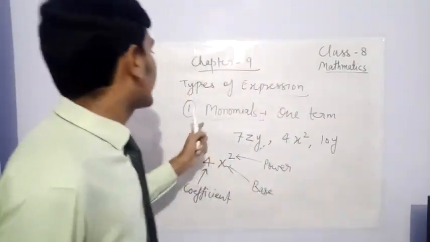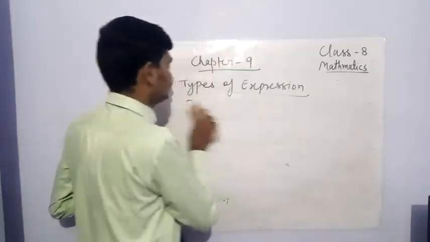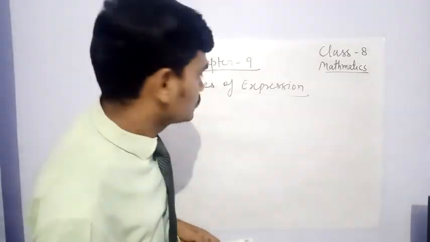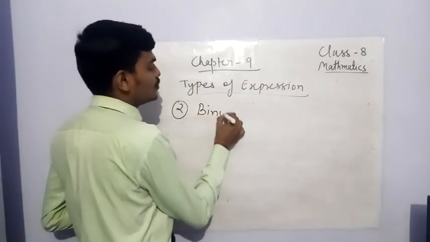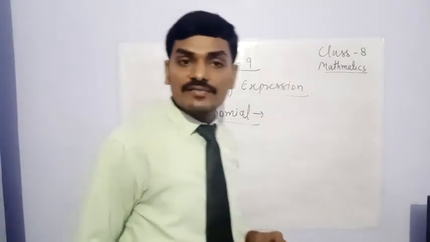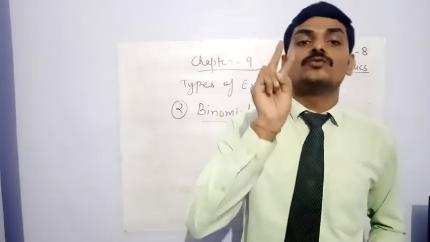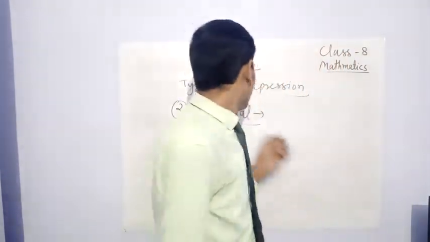Now come to the second type. Second one is binomial. The expression in which two terms are present is known as a binomial.